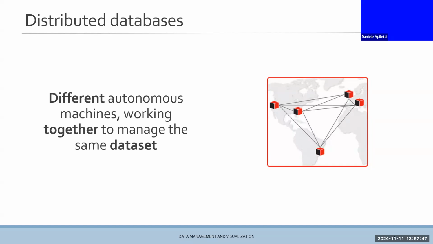Okay, then it's not like that. Why? Because the node under the desk is like me organizing a pizza with myself. It's very easy. I decide when I want to go, I go, and that's it. If I have a distributed database, it's like organizing the pizza all together, and you want all of you to be present at the same time in the same place. Quite difficult, I would say. And that's the point.